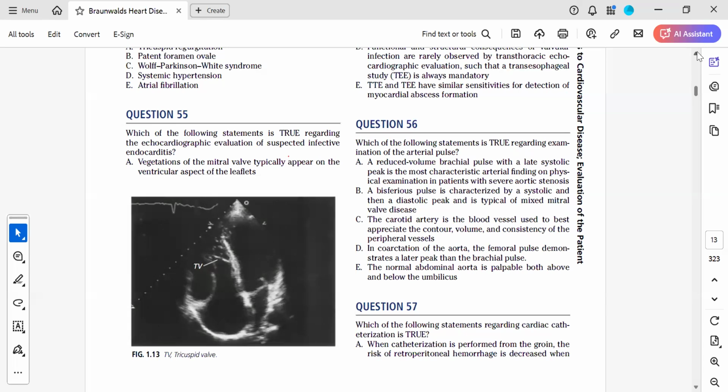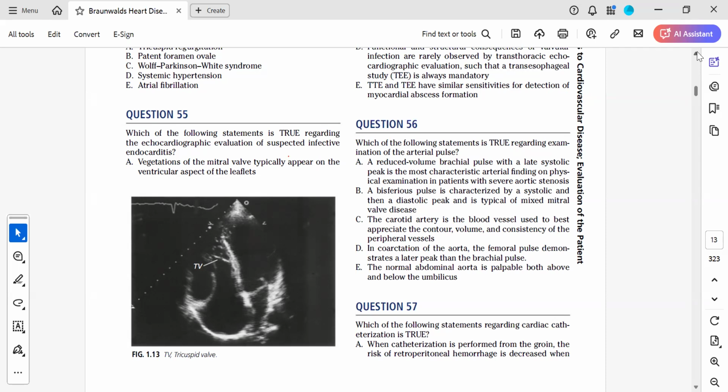It's also worthy of us to note that another form of pulse abnormality includes pulsus parvus et tardus. The parvus there means a weak pulse, while the tardus means delayed pulse.